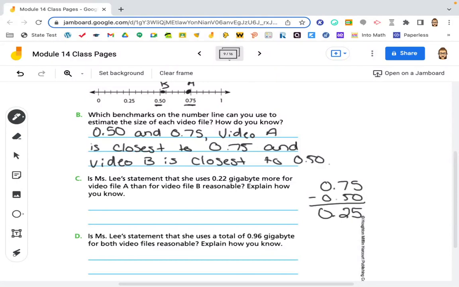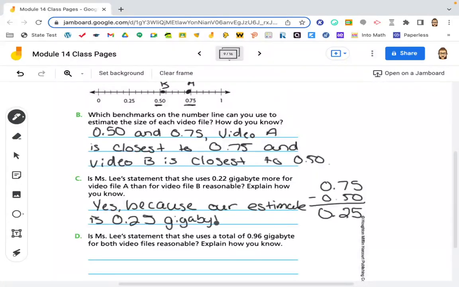So yes, that's reasonable, because our estimate is 25 hundredths gigabyte, and 22 hundredths gigabyte is close to that.